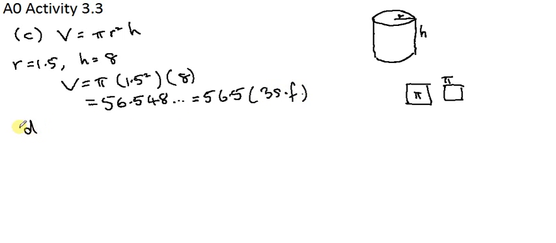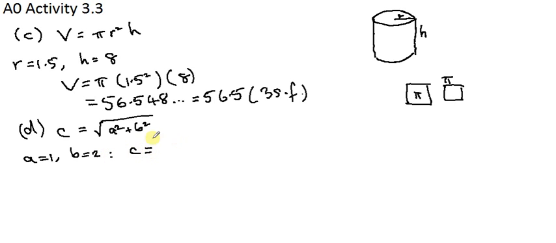And part D, finally, we are given the formula C equals square root of a squared plus b squared. It's a formula for working out the hypotenuse of a right-angled triangle. We are told in the first part that a is 1 and b is 2. So if a is 1 and b is 2, then c will equal the square root.